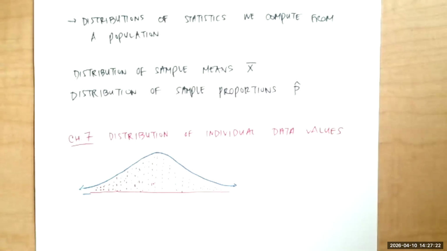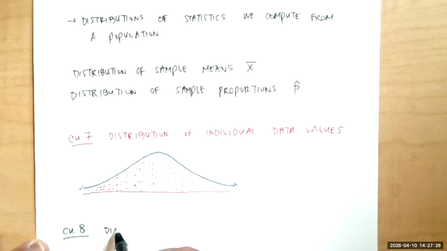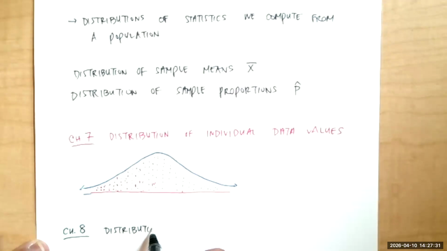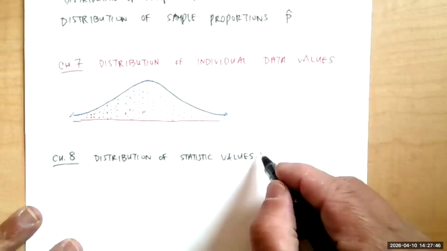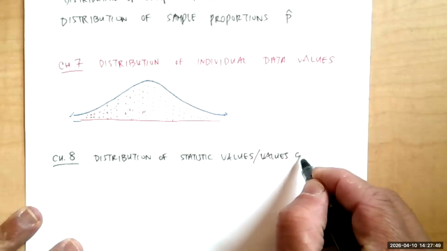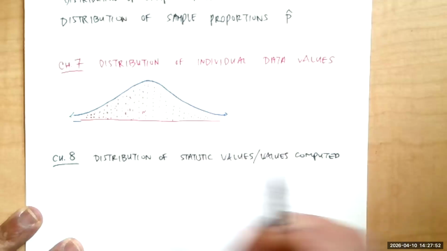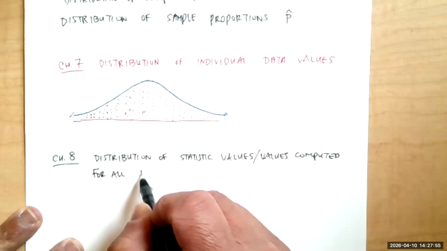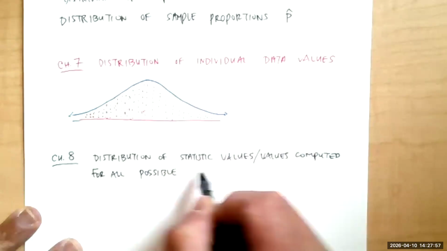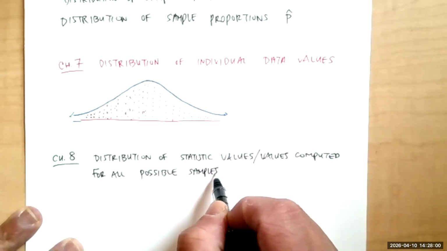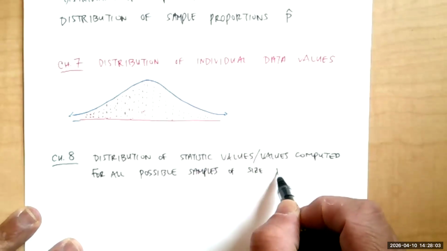Now in chapter 8, with these sampling distributions, we're going to consider the distribution of those statistic values, our X bar, our P hat, those sample proportions. So basically here, our values computed for all possible samples of size n, whatever that is.